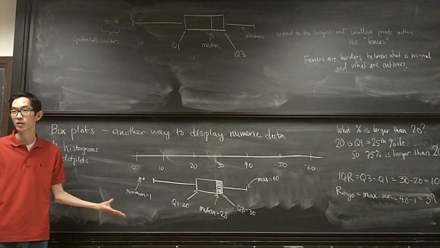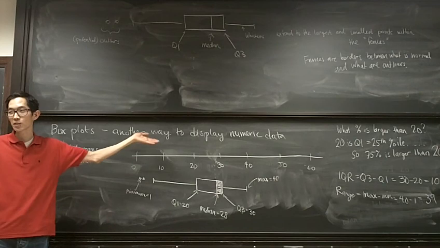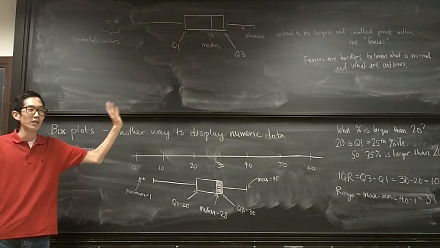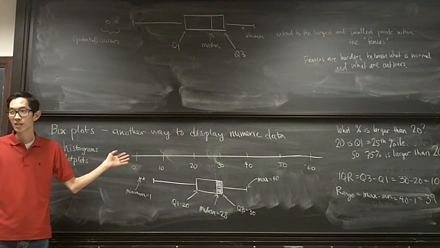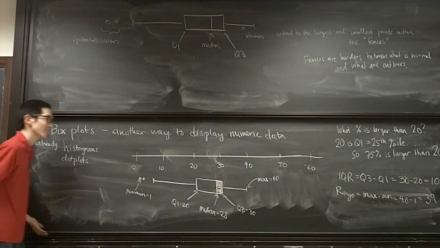Is that alright? So if I put questions on a quiz about a box plot, and I ask you questions about Q1 and Q3 and the IQR and what percent's bigger than this or smaller than this, are we going to be okay? Yes. All right.